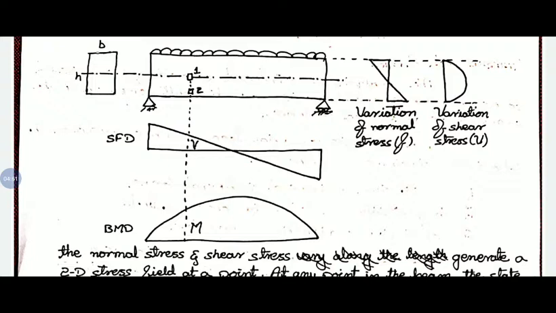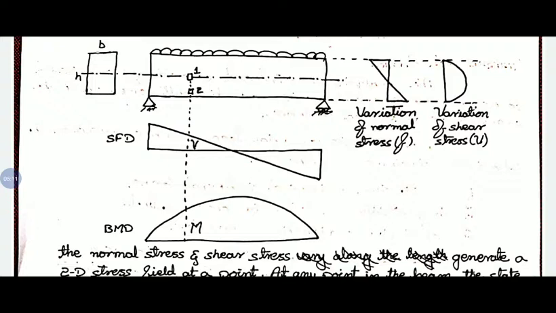When the principal stress exceeds the cracking stress of the concrete, the concrete cracks, and there is a redistribution of stresses between concrete and steel. That is, the steel and concrete will balance the stresses.